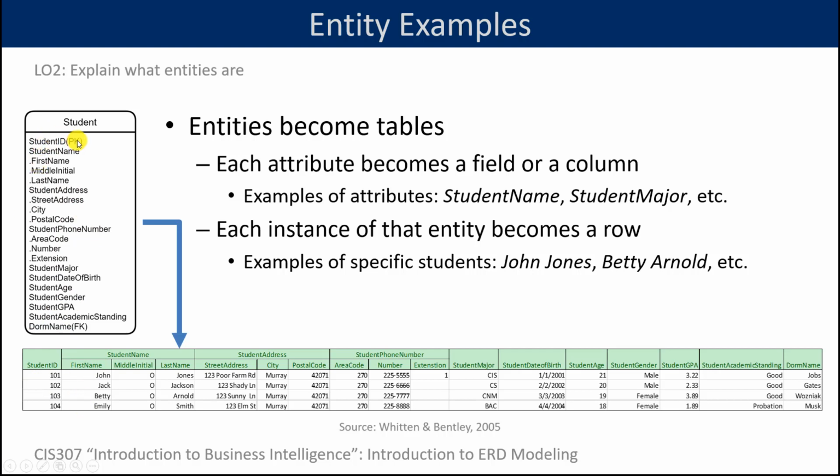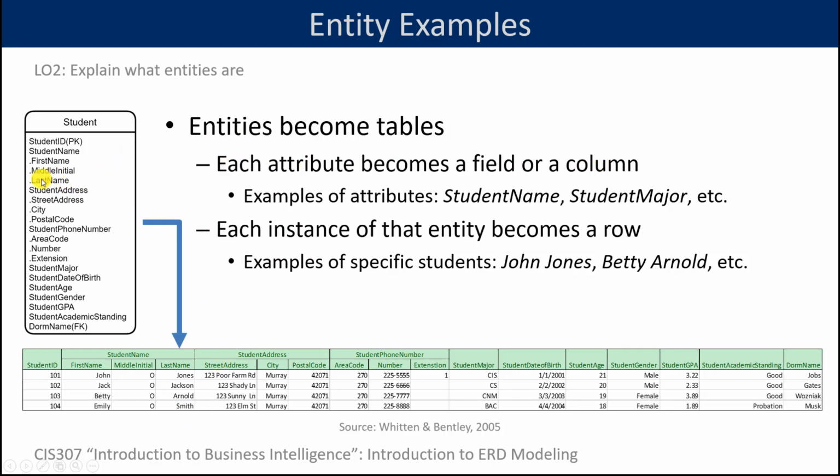You see, student ID is the first attribute in the student entity. It's a primary key, so it's the first column here. Then you have a compound attribute called student name, which is a compound column that has 3 subfields: first name, middle initial, and last name. So once again, entities are eventually implemented as tables at the database level.